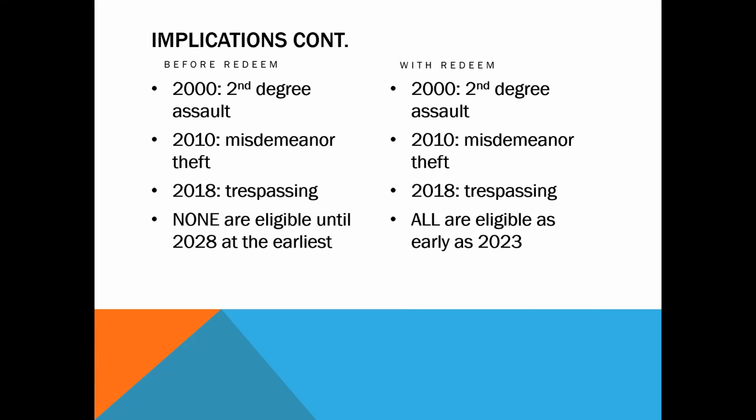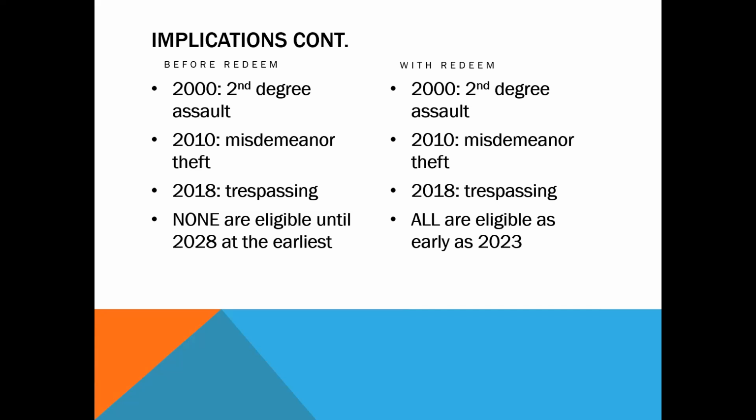In 2010, if they get a misdemeanor theft conviction, their waiting period for both is bumped up to 2020, on a 10-year wait for that misdemeanor. And then a conviction in 2018 for trespassing, that was 10 years. So they'd be waiting until 2028 at the absolute earliest to expunge.